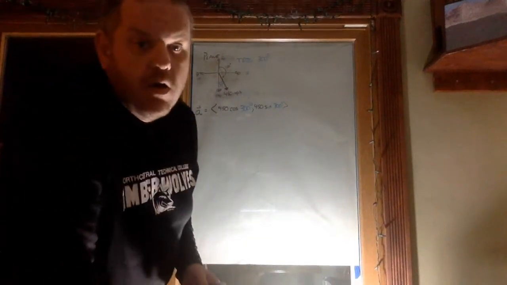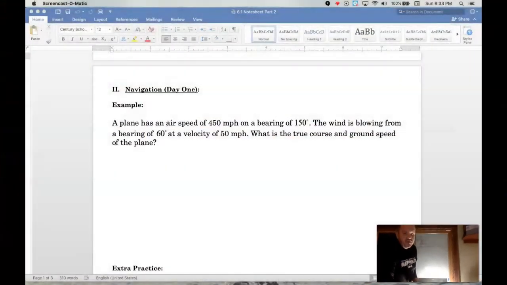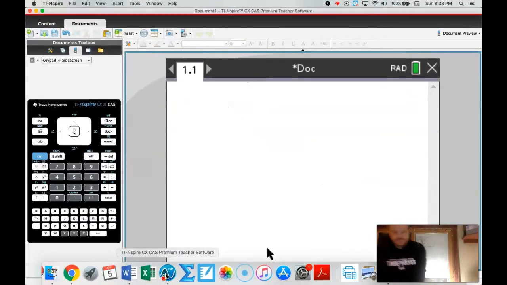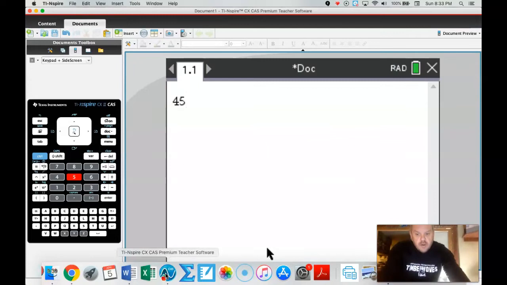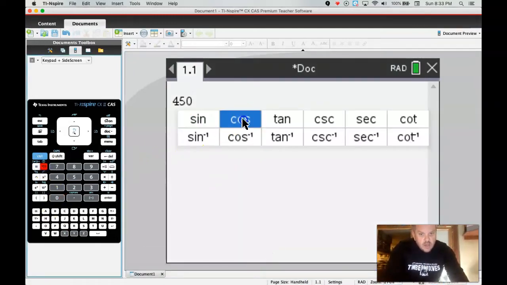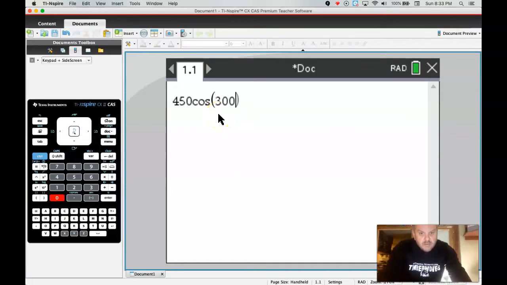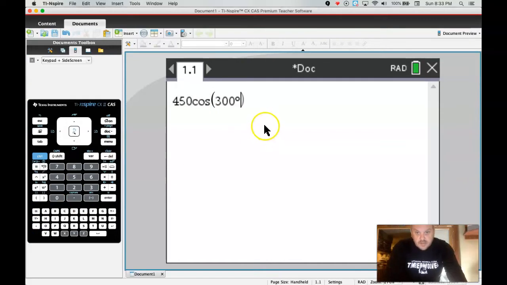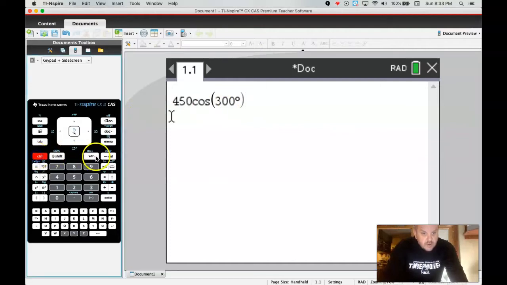Now, if I type that into a calculator, 450 times the cosine of 300 degrees, I am going to store that as my A.